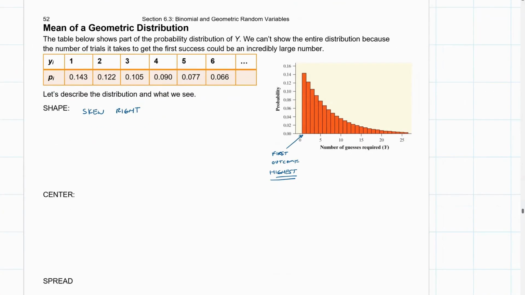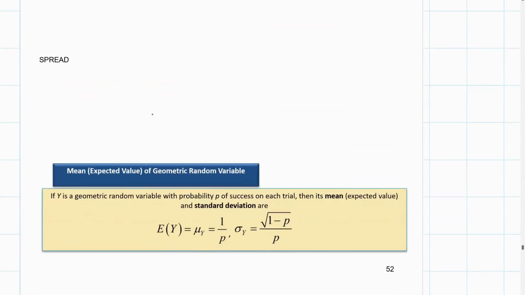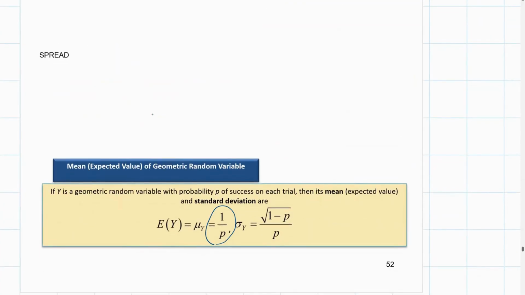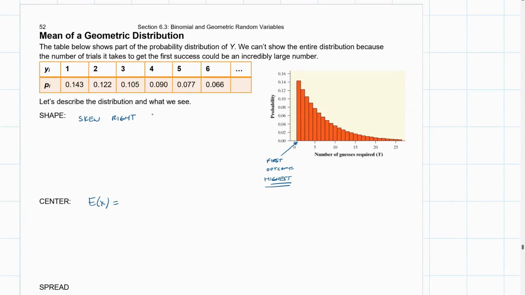Now, what about the center? Well, that's going to vary from trial to trial, but the center is the expected value. And we're going to see down below that the expected value is 1 over p. So the expected value for this particular thing is going to be 1 over 1/7, which is going to be equal to 7.